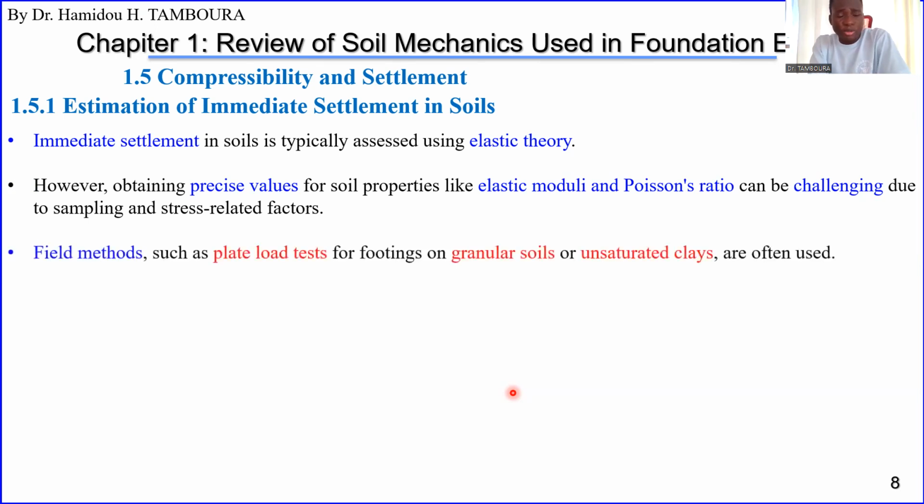But some people use field tests to obtain the settlement. For example, plate load tests, if your foundation is a footing on granular soil or unsaturated clay.